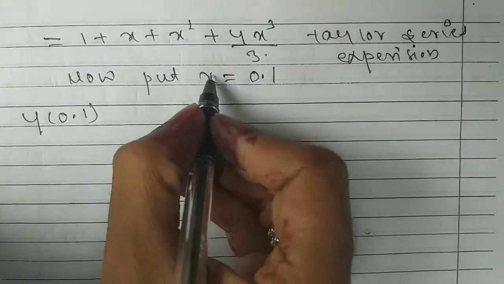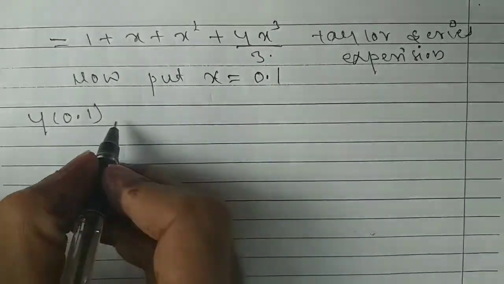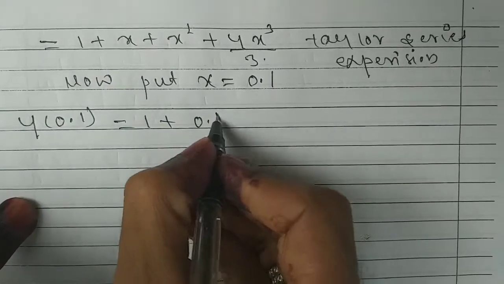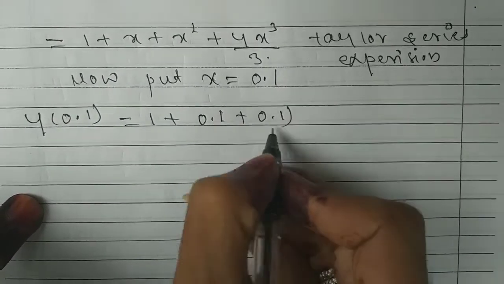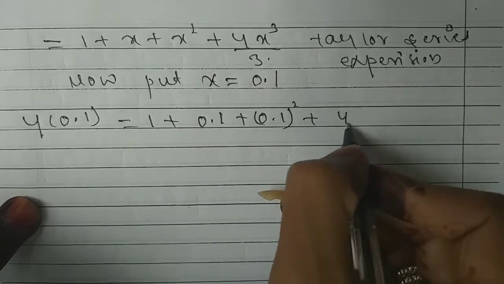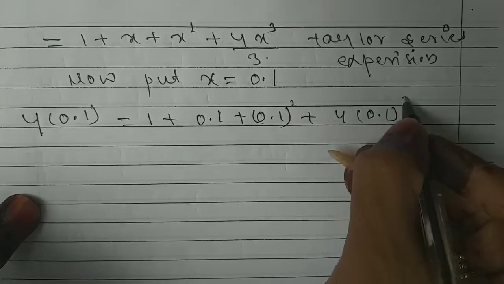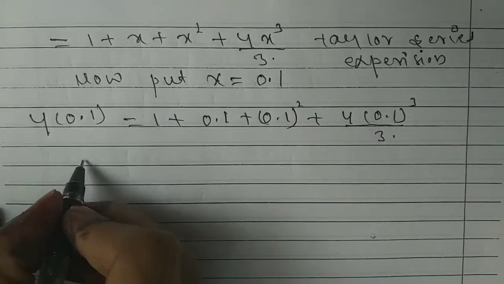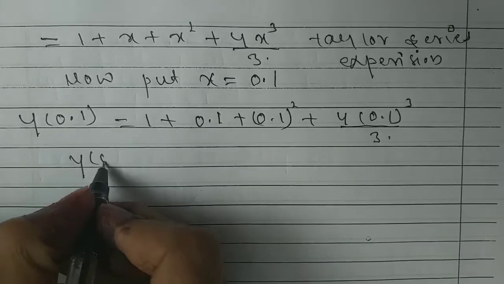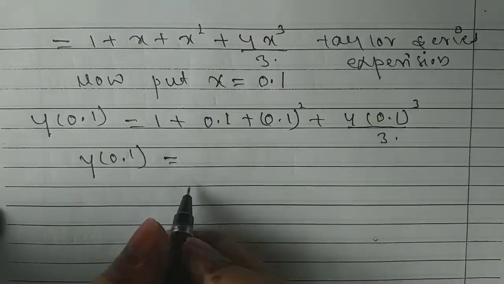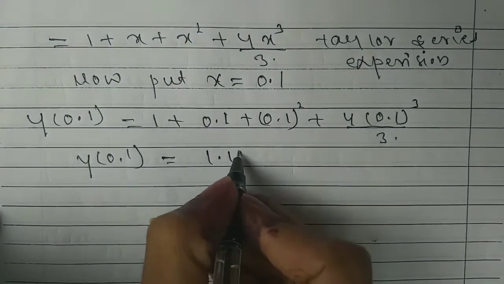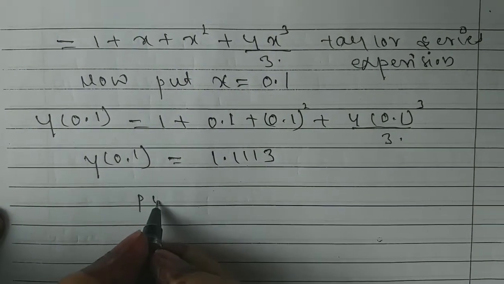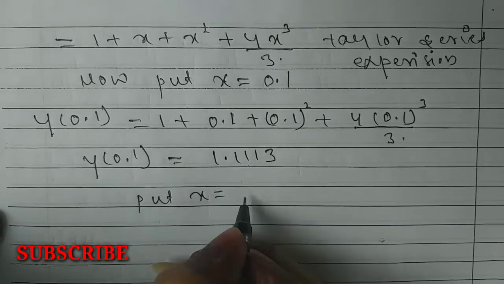Here x means 0.1, so 1 plus 0.1 plus 0.1 whole square plus 4 into 0.1 whole cube by 3. After solving by our calculator, we get y of 0.1 is equal to 1.1113.